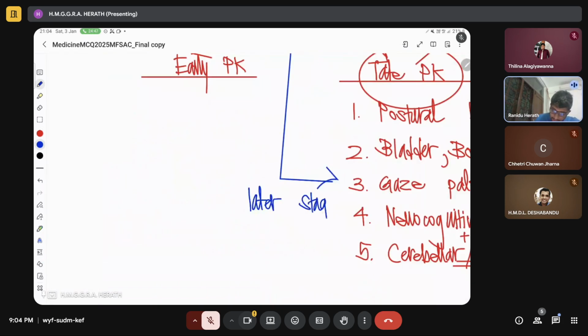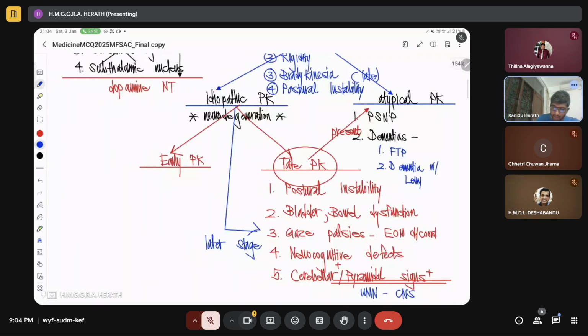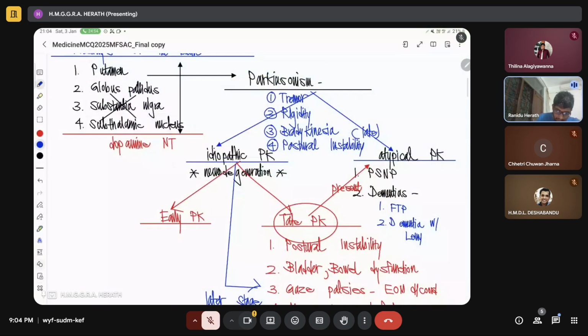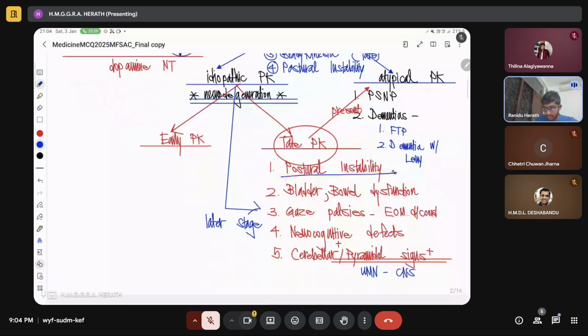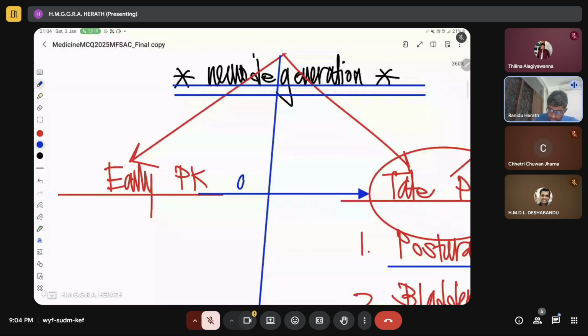However, in atypical Parkinsonism, in conditions like dementias and progressive supranuclear palsy, the same dopaminergic pathway is altered, but it is not due to idiopathic neurodegeneration. It is due to some other cause like demyelination or something else, right? And it does not take place in the substantia nigra specifically at the beginning. So these things will cause these symptoms as the first sign. Understood? In idiopathic Parkinsonism, these things will come later, usually after 10 to 15 years of diagnosis. Understood?